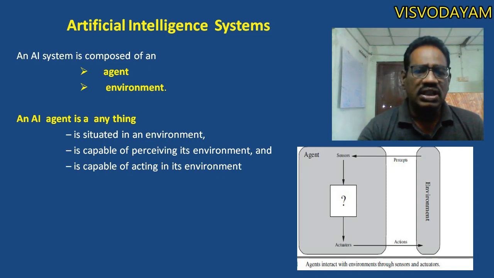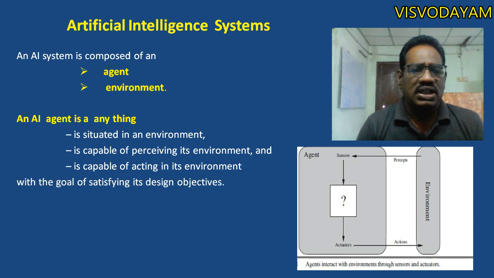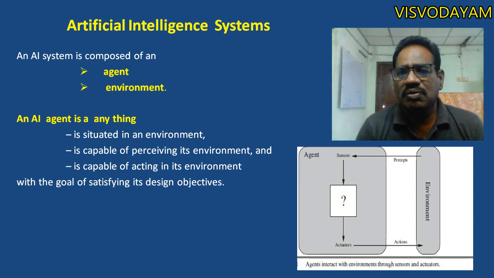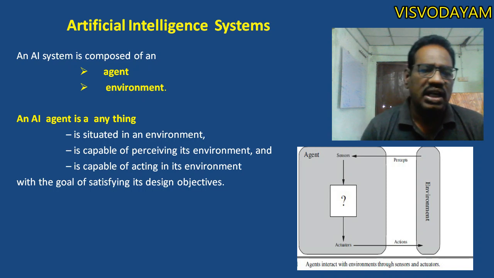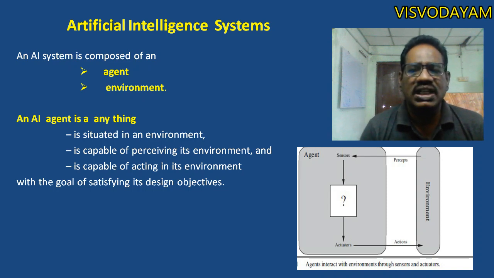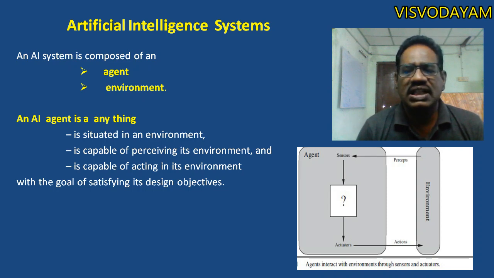So the aim of the agent is to satisfy certain design requirements in an artificial intelligence environment. An agent is anything that is situated in an environment and is capable of perceiving the environment for the design aspects, and based on the perception of the environment, it is capable of doing certain actions on its environment with the goal of satisfying its design objective.